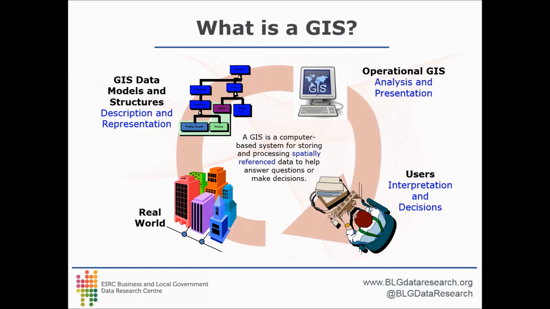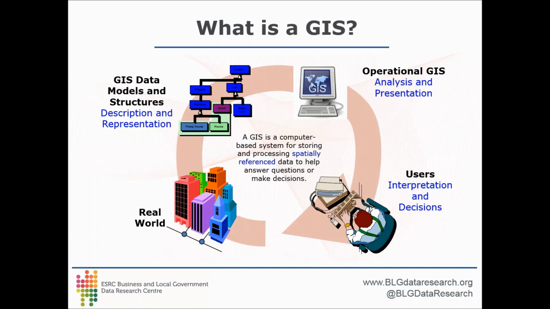We decide how we're going to describe and represent those in terms of data models and structures within a GIS. So for example, vector data structures in terms of points, lines and polygons, or raster data structures in terms of grids of differing sorts of resolutions.